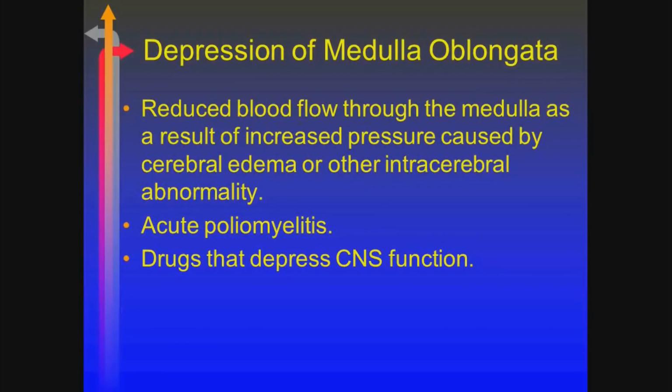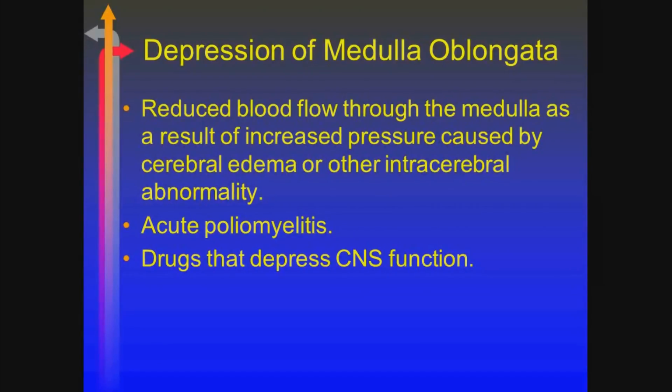Anytime you have a situation where the respiratory centers have reduced blood flow, you're going to have reduction in ventilation. In this case, as I'm mentioning there, increased pressure causes cerebral edema. If you have a closed head injury and the brain swells, it's a fixed space that doesn't have a whole lot of room for swelling.